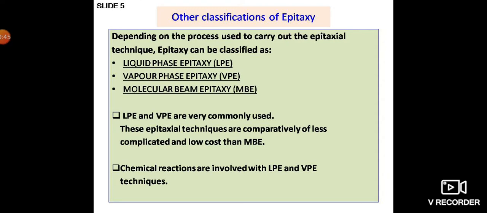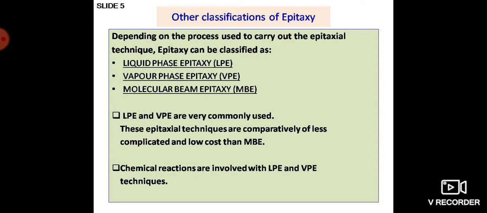That is an important example of heteroepitaxy, where we are growing a dissimilar type of material over the given substrate. These are some other classifications of epitaxy. Depending on the process used to carry out the epitaxial technique, epitaxy can be classified as liquid phase epitaxy, in short LPE. Number 2 is vapor phase epitaxy, in short VPE. And the third one is MBE, molecular beam epitaxy.